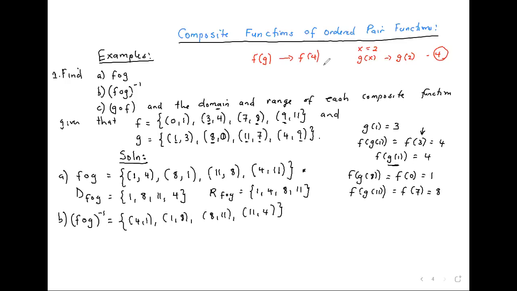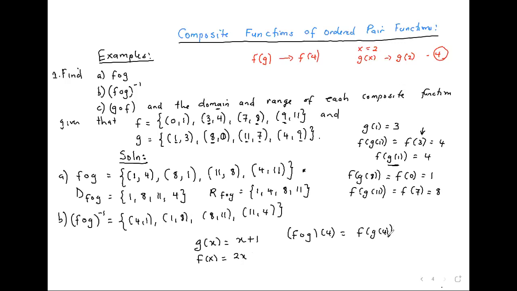Okay. So here, maybe let me back up a bit. I do a very simple one. If g of x is equal to x plus 1 and f of x is equal to 2x, when we say find f of g of 4, what we are saying is evaluate f of g of 4.